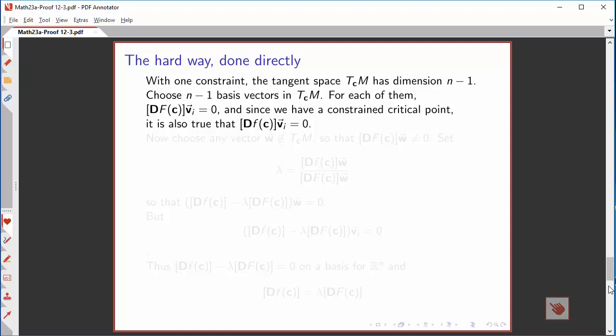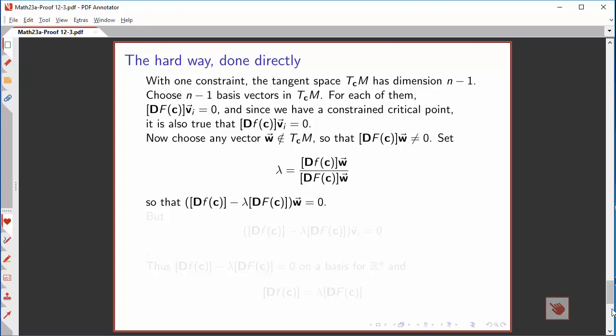For each of them, d capital F gives 0, but we've got a constrained critical point, and by the condition for a constrained critical point, we know also that d little f acting on one of these basis vectors gives 0. Now, and this is the clever idea, choose any vector you like that's not in the tangent space.